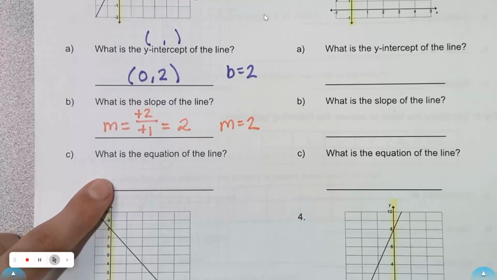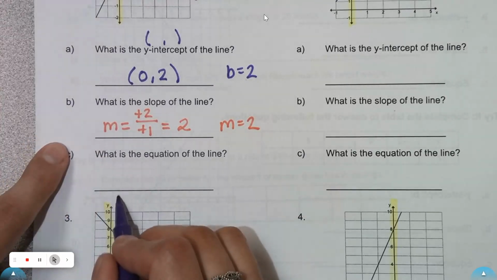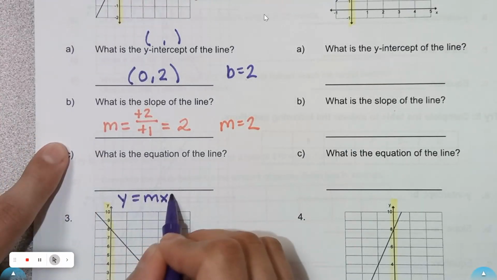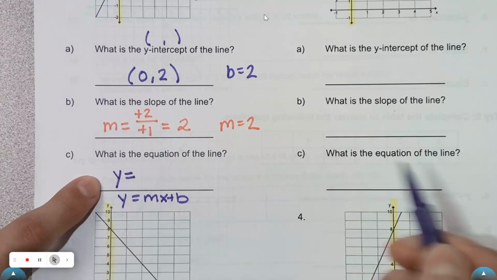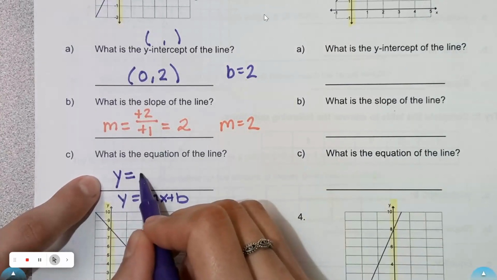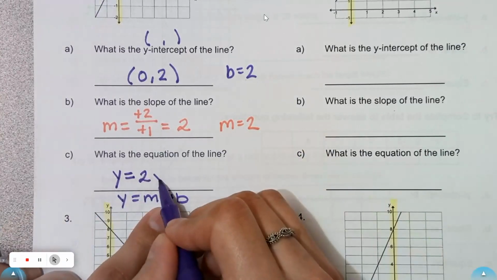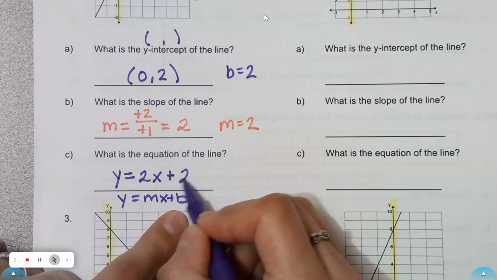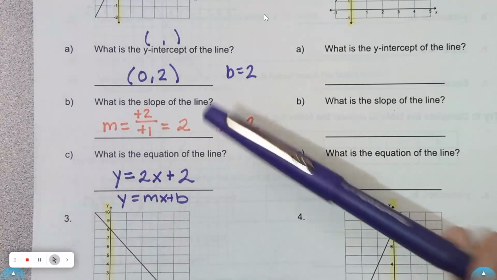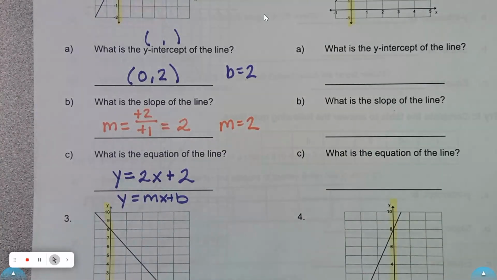So when I'm writing my equation, remember your equation is always in the form of y equals mx plus b. So I have y equals, my m is 2, the x will stay, my b is also 2, so plus 2. So that's my equation. The only thing that we're adding that's different is now the y-intercept.